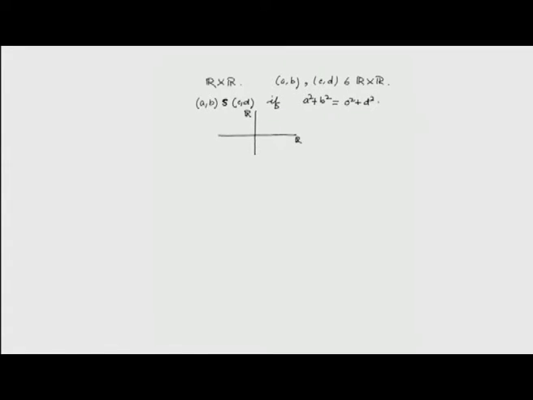If we consider the plane R cross R, suppose we consider the point (1, 1) here, then if we draw a circle around the origin O containing (1, 1), all the elements that are on the circle have the same distance as that of (1, 1).